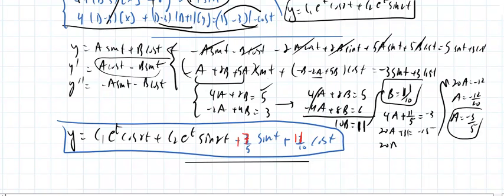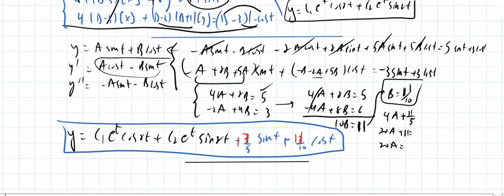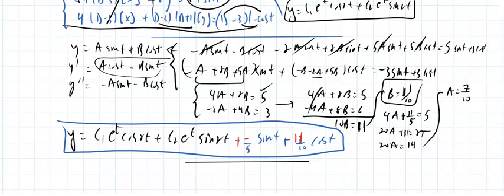That will become 20a equal, that's a 5. So that is by 5, that's 25. That is 14. So a is actually 14 over 20, which is 7 over 10. And here they are: 7 over 10 and 11 over 10.